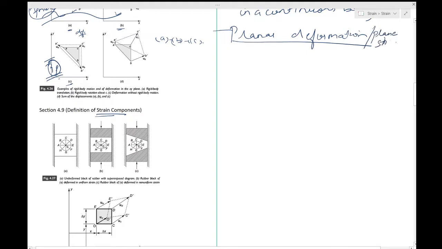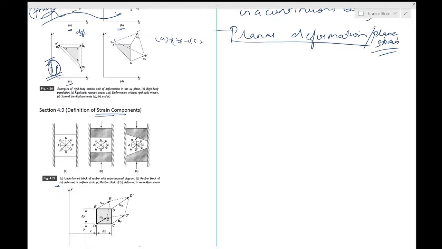All the points and displacements lie on the same plane. All the displacements also happen in the same plane. And we'll return to three-dimensional analysis at some point later. Okay. Now, in figure 4.27, there you go, we have two examples in which a thin rubber block is deformed in its own plane.